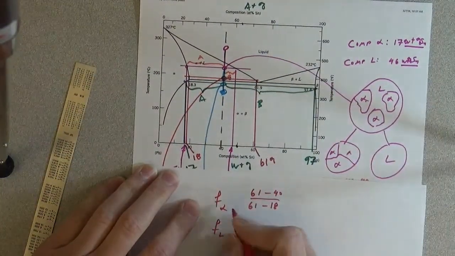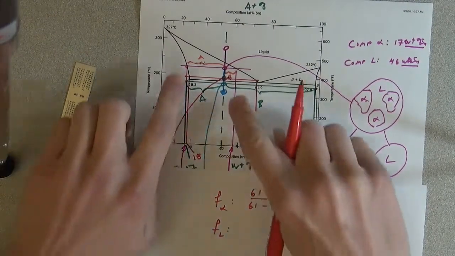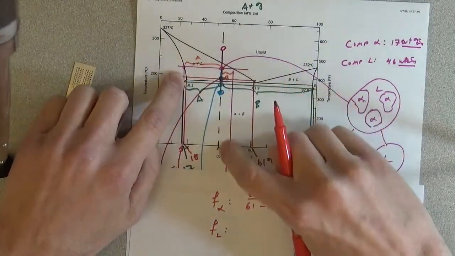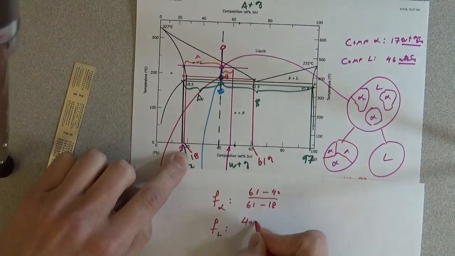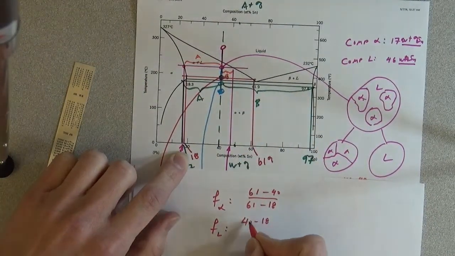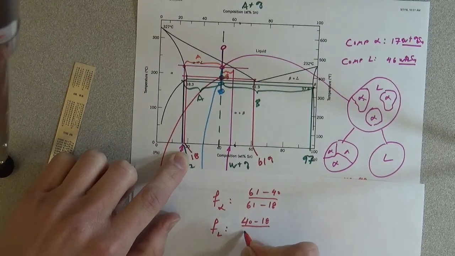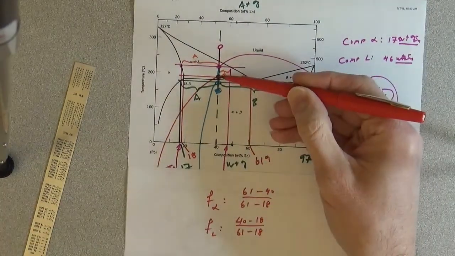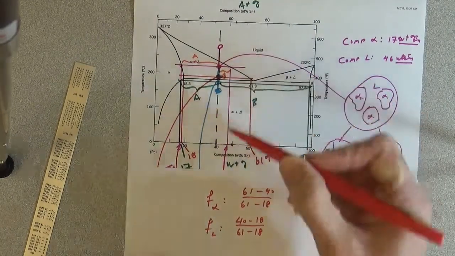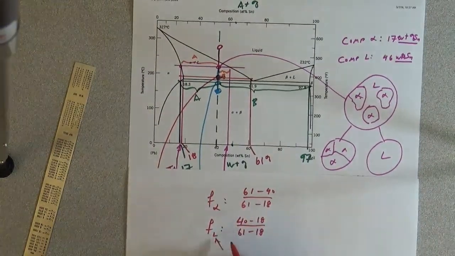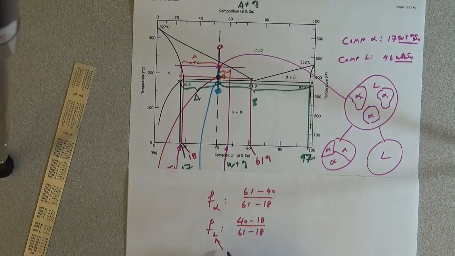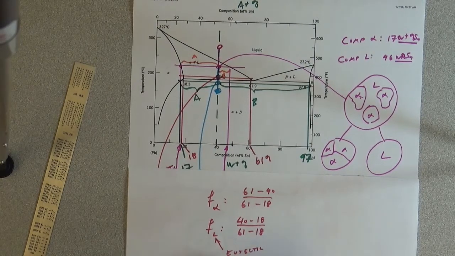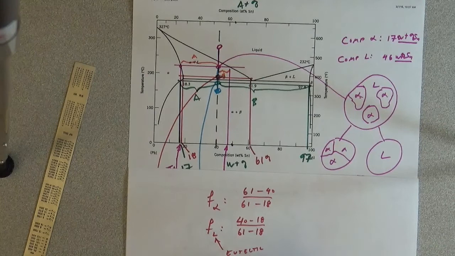And the fraction of liquid is going to be over here, so it's going to be 40 minus 18 divided by total length, which is 61 minus 18. And then when we cool from just above to just below, this liquid is going to become eutectic alpha plus beta microconstituent.